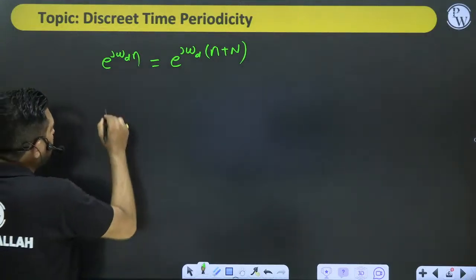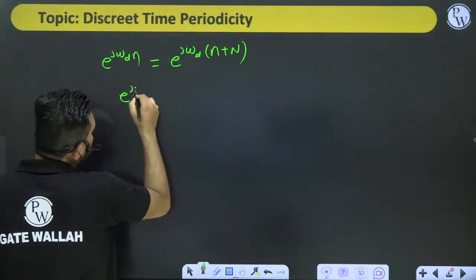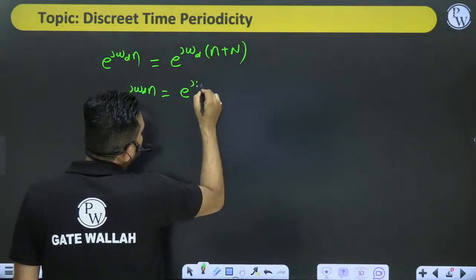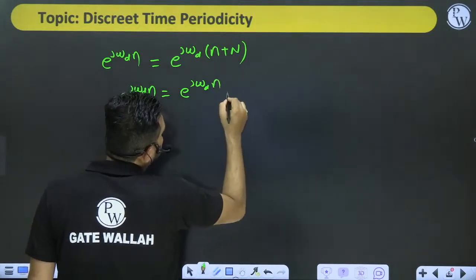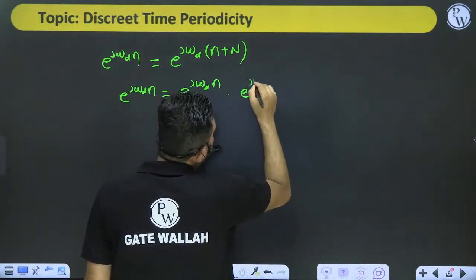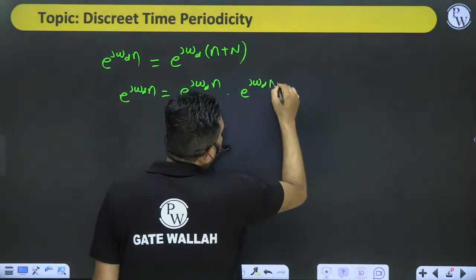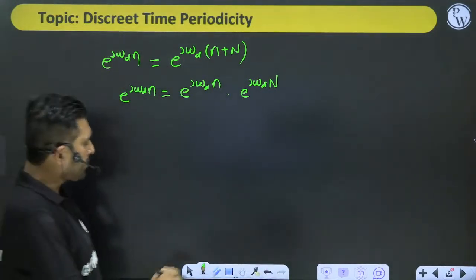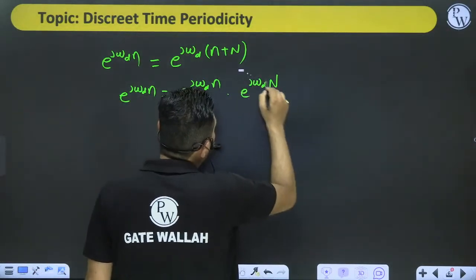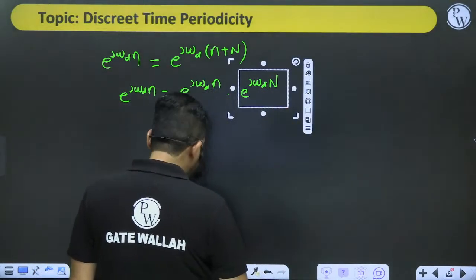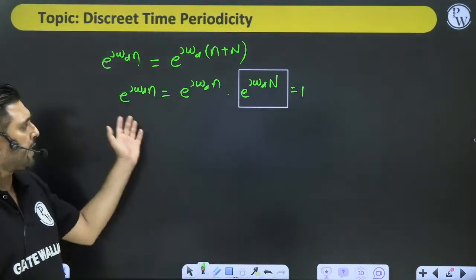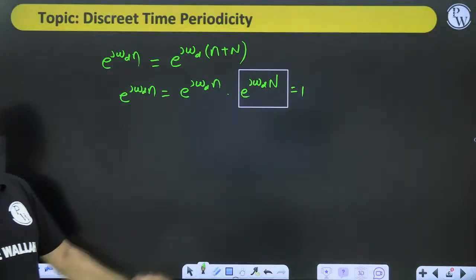Now listen carefully, then we can write e to the power j omega d n equal to e to the power j omega d n times e to the power j omega d N. Now if I assume this second factor to be equal to 1, then the left hand side becomes the right hand side.